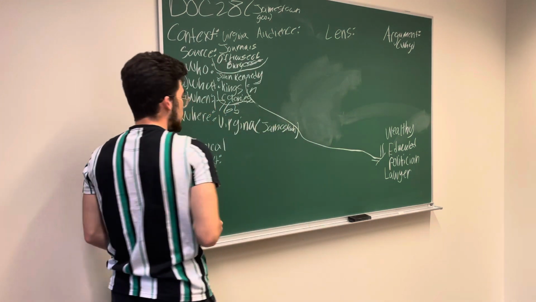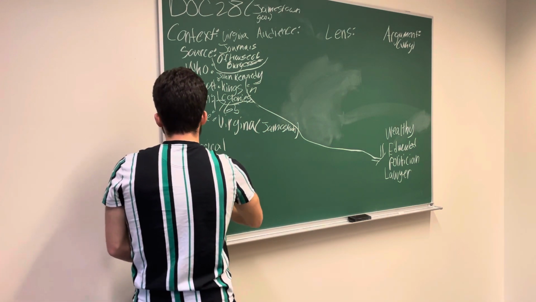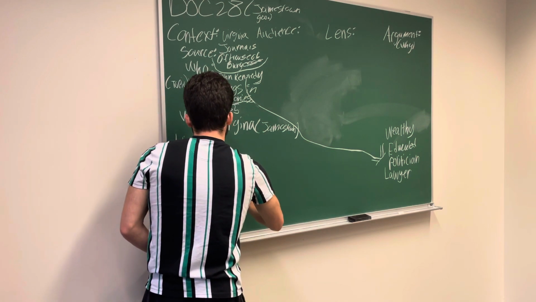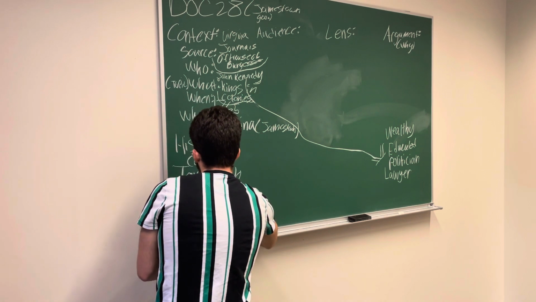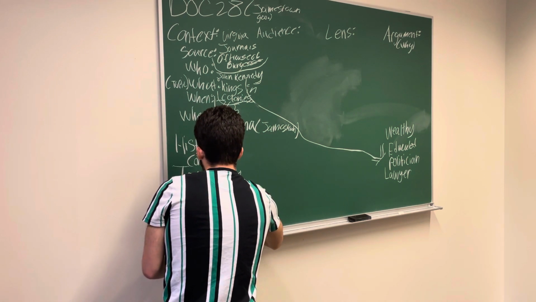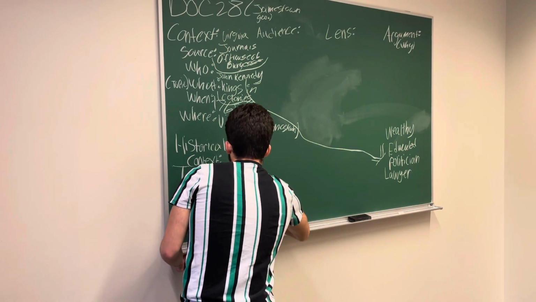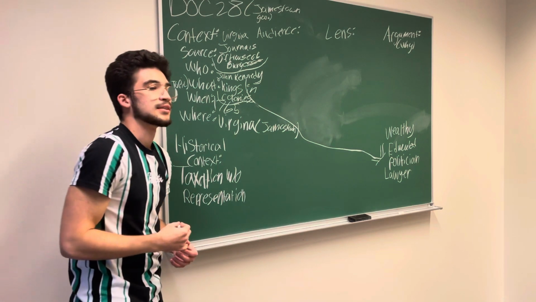Okay, so historical context, like Crystal mentioned earlier, that idea of taxation without representation. This idea was formed from the Sons of Liberty and the Boston Tea Party, right?